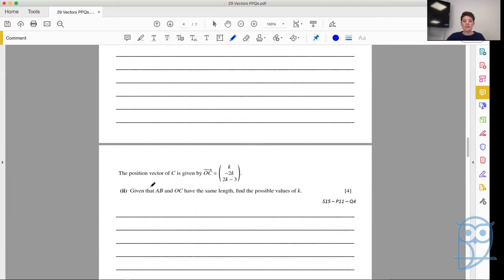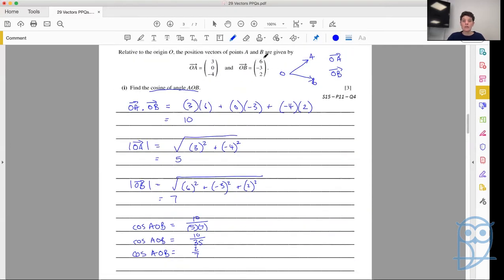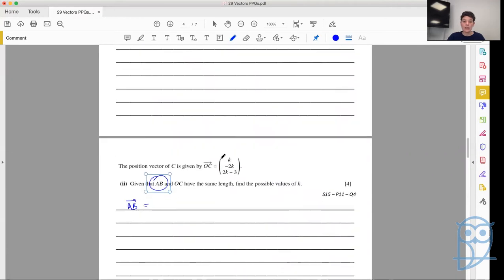But here we have an AB. We have a displacement vector. So before we can do anything with this OC, we need to get that AB. So remember that AB equals B minus A. So 6 minus 3, 2 minus 3, 0 minus 4. The second one minus the first one.